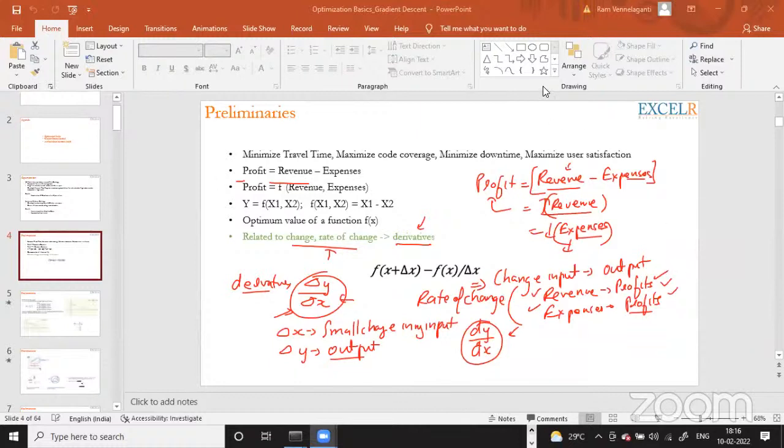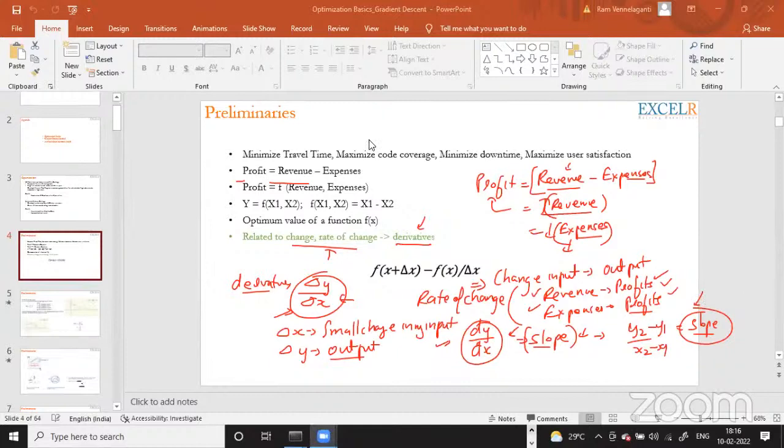So what do you mean by delta y by delta x or dy by dx? It is nothing but slope. If you go back to the concepts we discussed in mathematics in our 12th standard, dy by dx stands for slope: y2 minus y1 by x2 minus x1. This is the formula for calculating our slope.